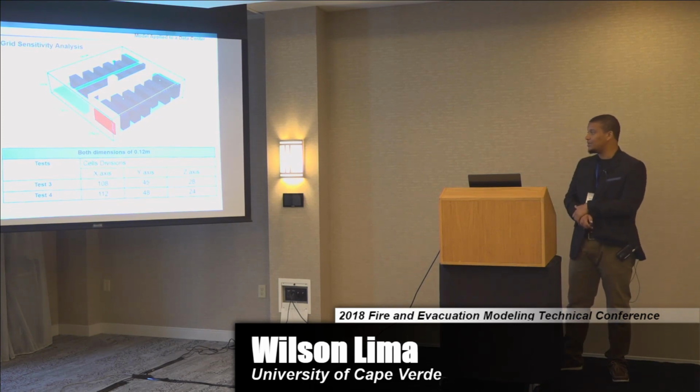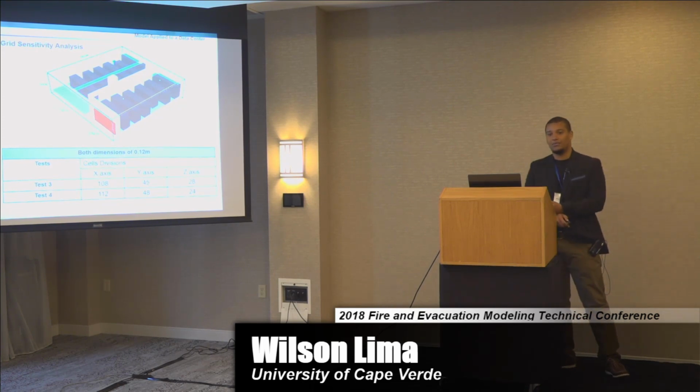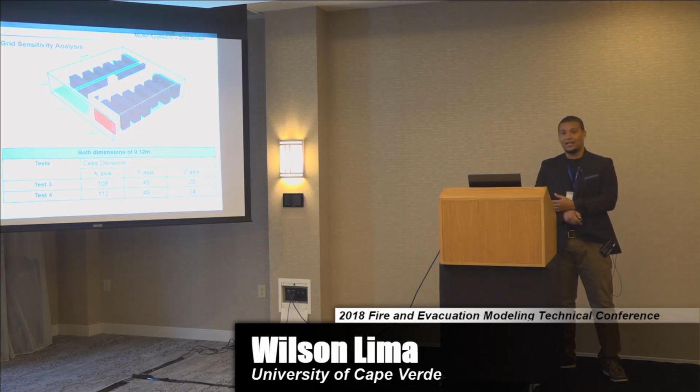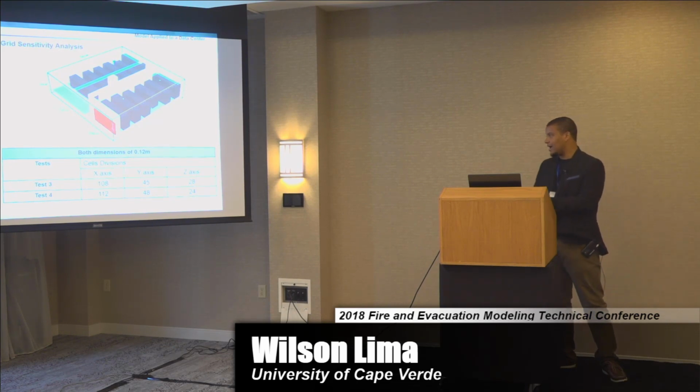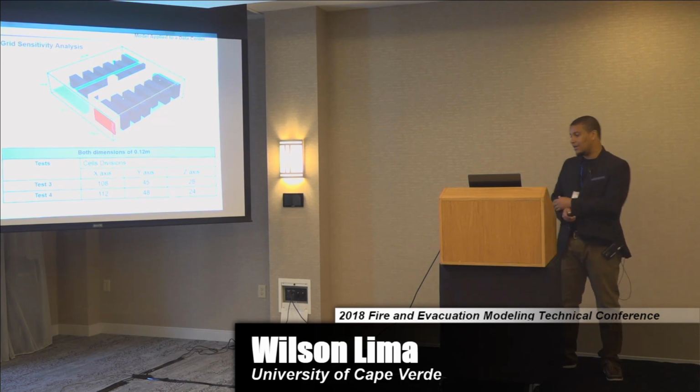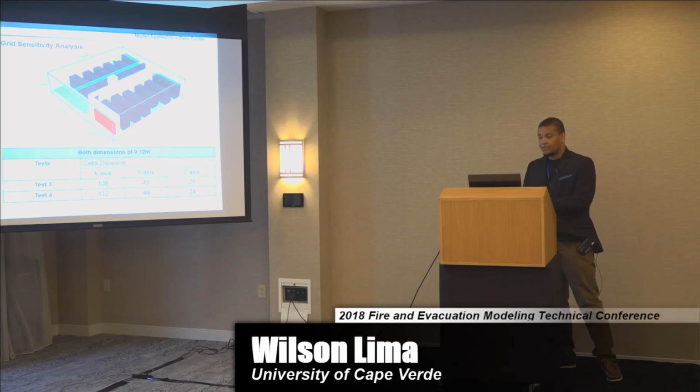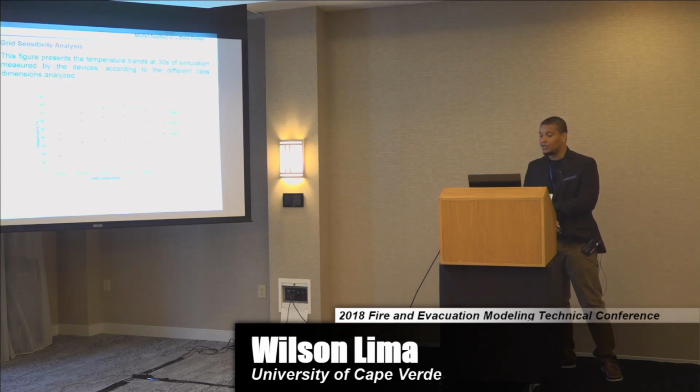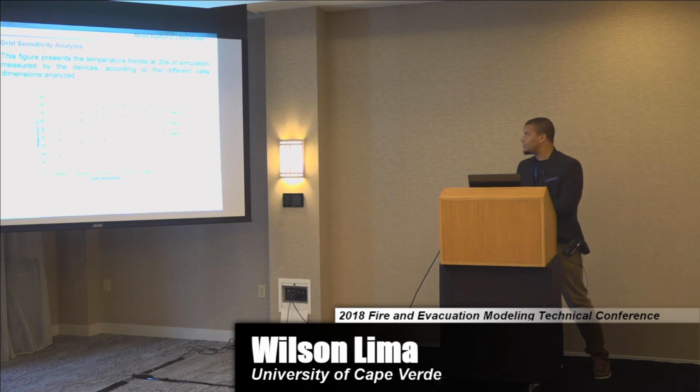Here we show why we use two tests with the same cell dimension, where we vary the cell divisions. In the axes, we can see some difference in the values of these tests. Here are the results of the temperature at 30 seconds of simulation. We can compare the results between 0.16 and 0.08 meters, where we can see it's almost the same result.